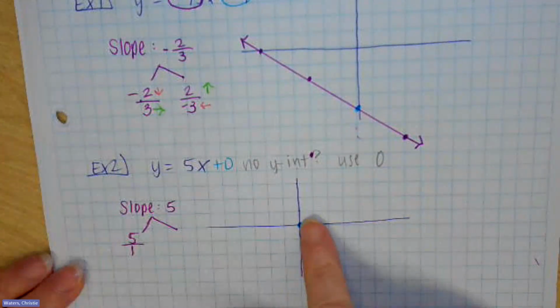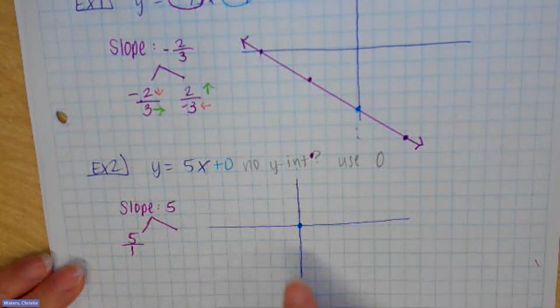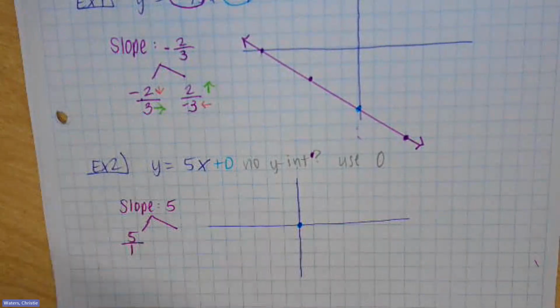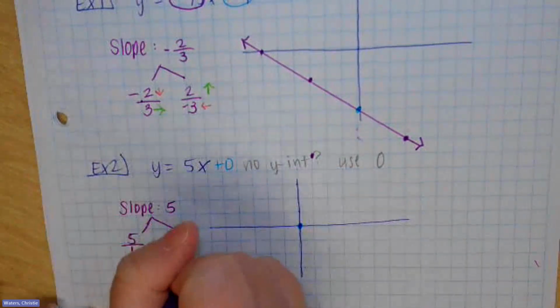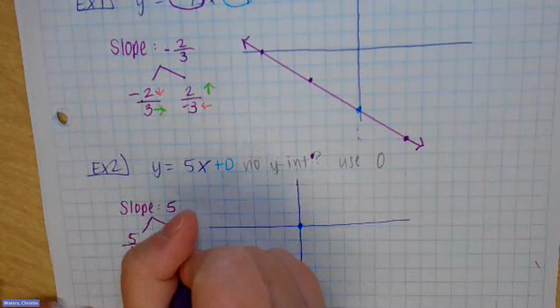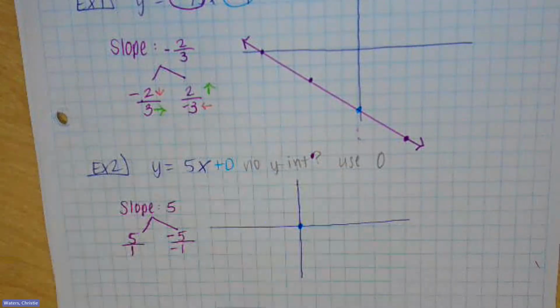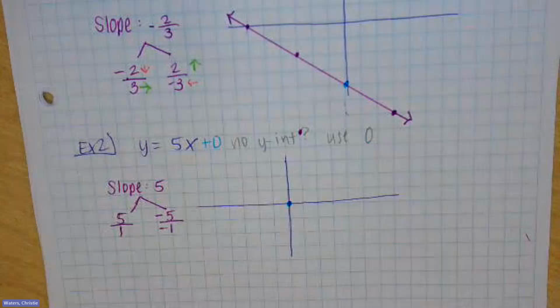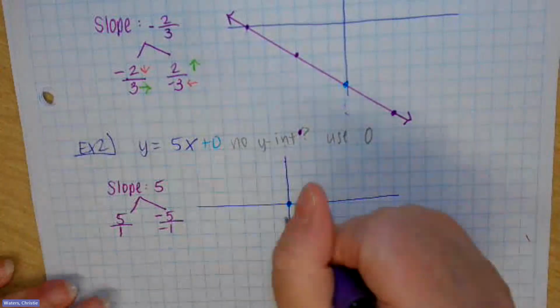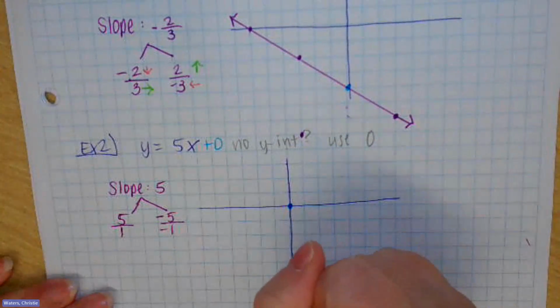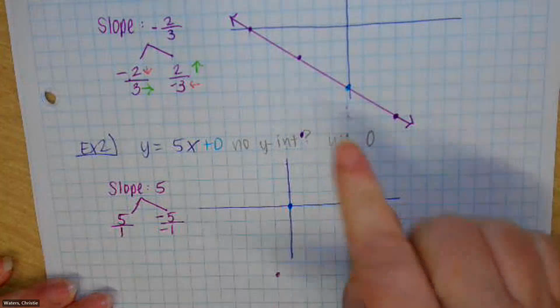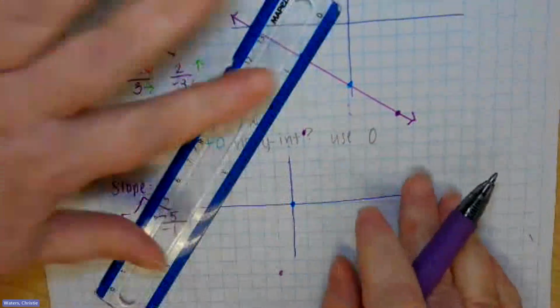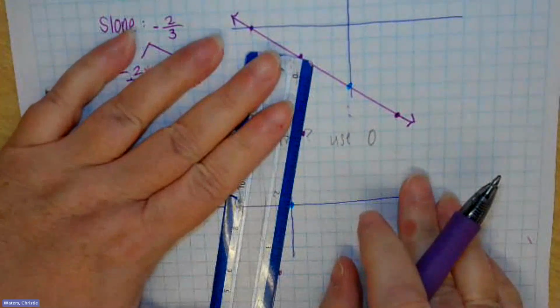But remember, I can also go the other direction. That is going to involve going down instead of up and going left instead of right. So both numbers are going to turn negative. I can go down 5, left 1. And once again, these points are all now collinear.